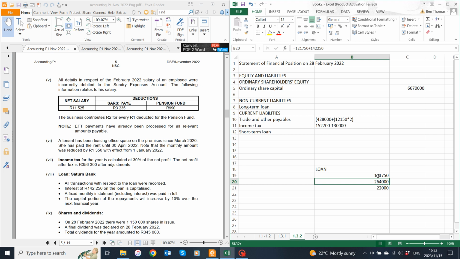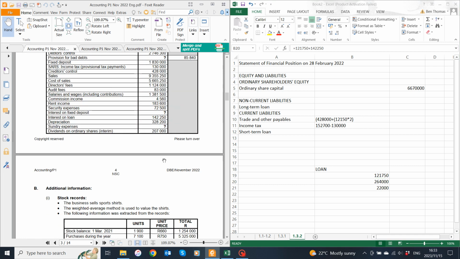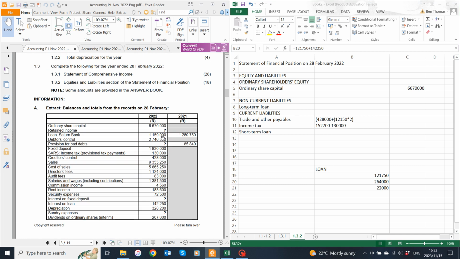However, the amounts that will change are your capital repayment and the interest, which is 142,250, because interest on the loan is calculated on the capital balance. And the capital balance, guys, is this amount of 1,159,000. So that means every year, because you're paying back a certain amount of money, the interest becomes less because the capital amount becomes less.